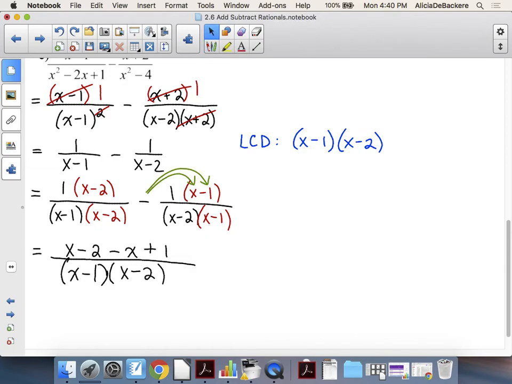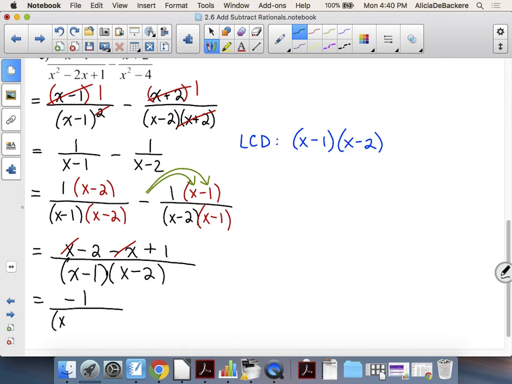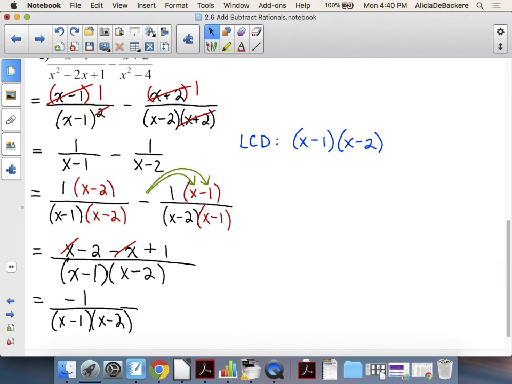And now I'm going to simplify my numerator. I notice that I have a positive x take away an x. That's just 0 x's. And I'm just left with negative 1 in my numerator. So that's as simple as I can get there.